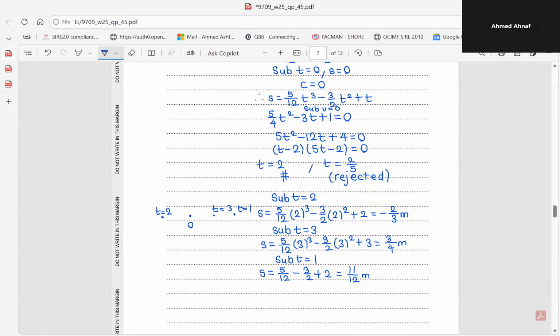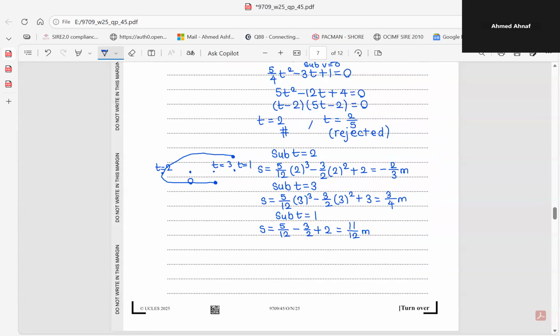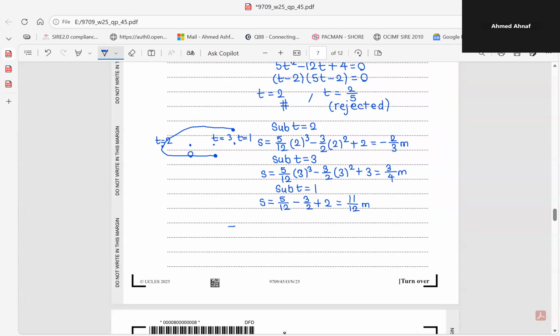So it travels like this. It travels from t equals 1 to t equals 2, and then back to t equals 3. To find the total distance, just take the magnitude of the displacements.